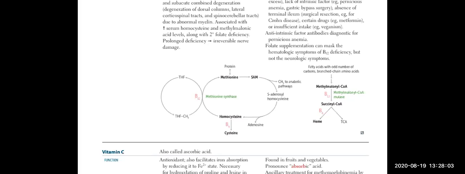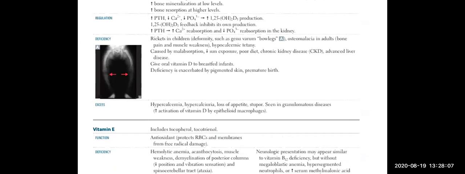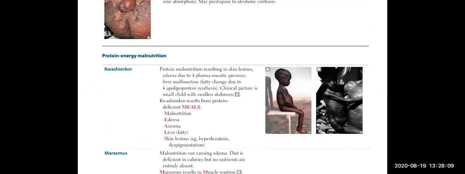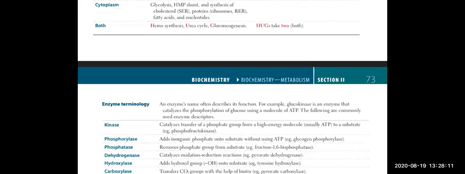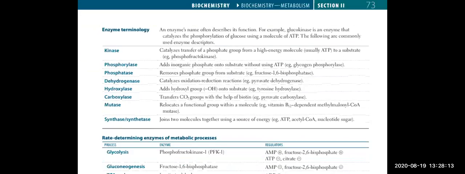You need to remember the names of the enzymes that are used, and the vitamins that are used as cofactors of these enzymes, like B7 for carboxylase, B1 for your dehydrogenases, and B12 for mutase. So please remember these names of enzymes along with your vitamins.